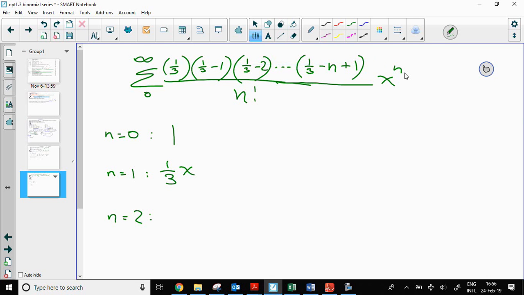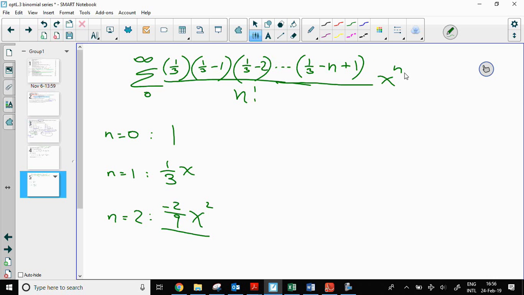When n is 2, we're going to have, obviously, x squared. And then we'll have 1/3 times (1/3 minus 1). So 1/3 minus 3/3, that's negative 2/3. 1/3 times negative 2/3 is negative 2/9.